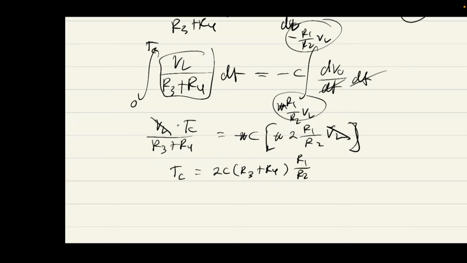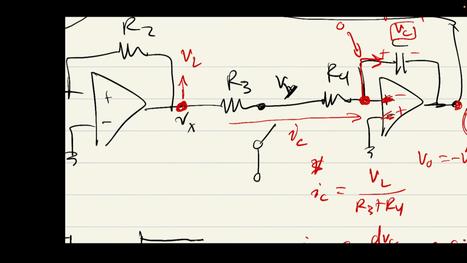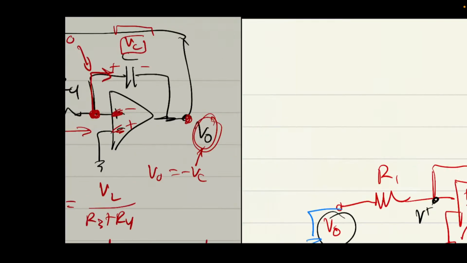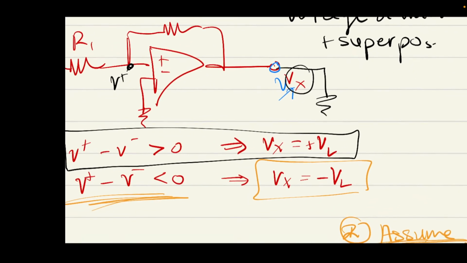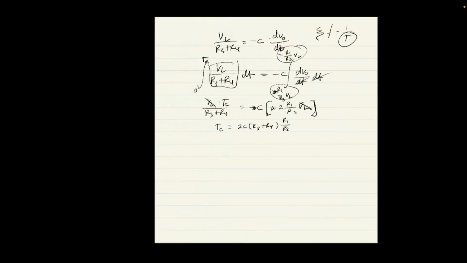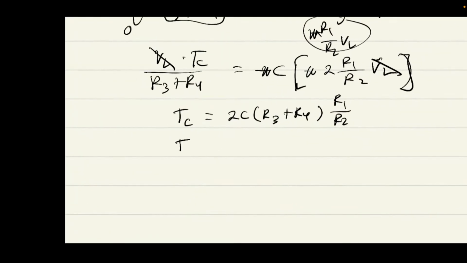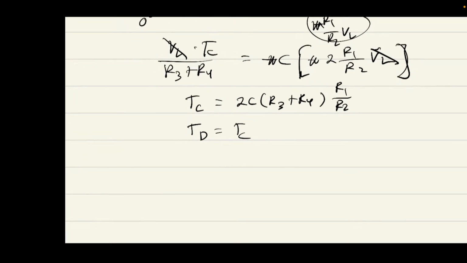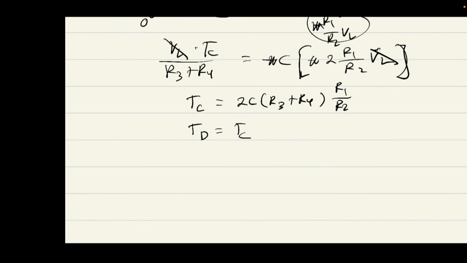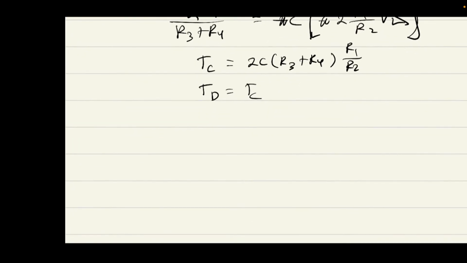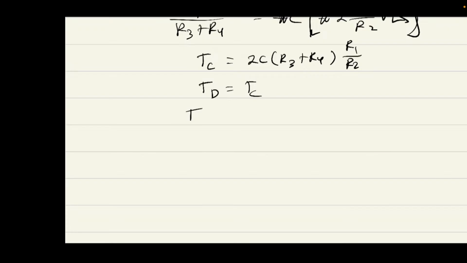Because our circuit is symmetric, it's either positive VL or negative VL, so the magnitude of the current is the same in either case. So the rate at which the capacitor charges or discharges is the same, which means that the time to charge is the same as the time to discharge. Any questions? Does this make sense to everyone? Okay, good.